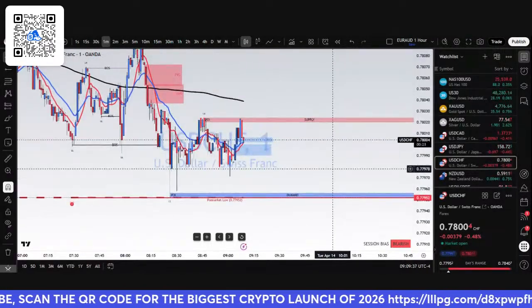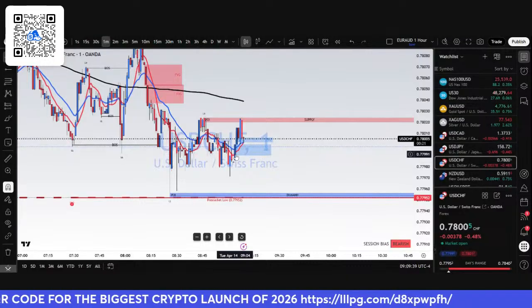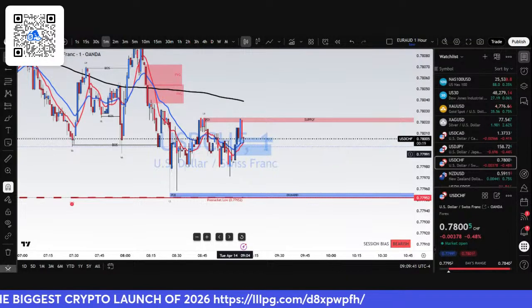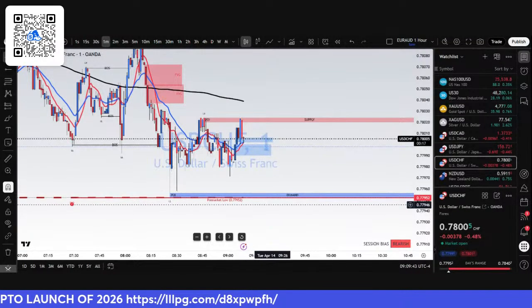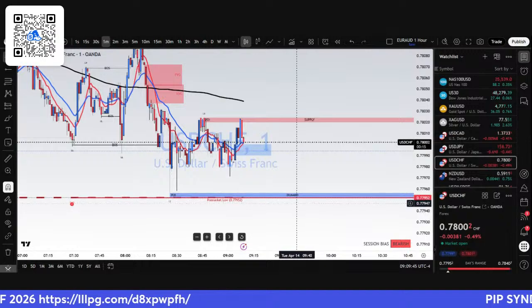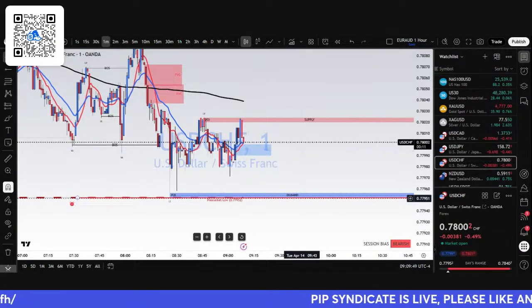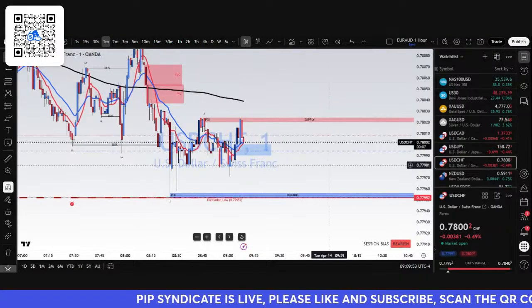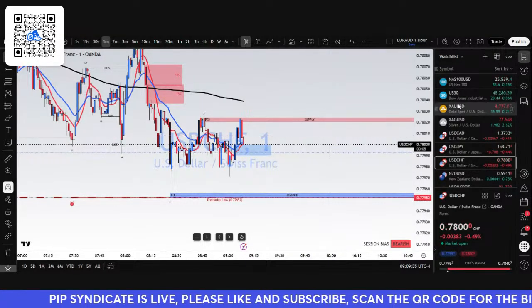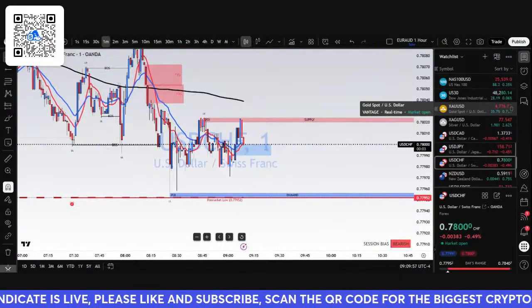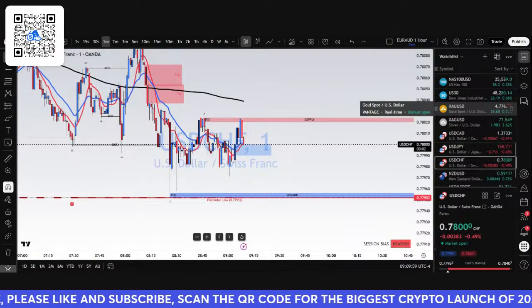Just keep an eye on that. I'm already in a buy here, guys. I wouldn't enter now if I was you guys. If you have this set up and you want to do this alert, put this alert here, and if it breaks through there, I'm going to take another buy. I'm going to take another entry. So you can take that entry if you want. That's a pretty good entry, I would say, man.